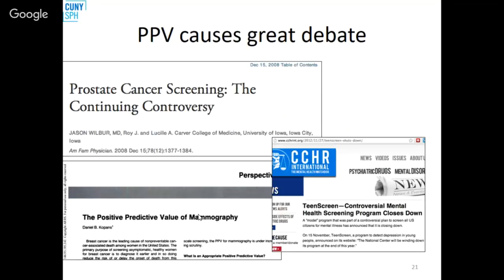And this really matters, and I think there is a lack of understanding about the importance of positive predictive value when applying a new test to the population. And there have been real cases where a test that was accurate in one population was then applied to a broader population with a much lower prevalence of the disease, resulting in a low positive predictive value and a lot of false positives.